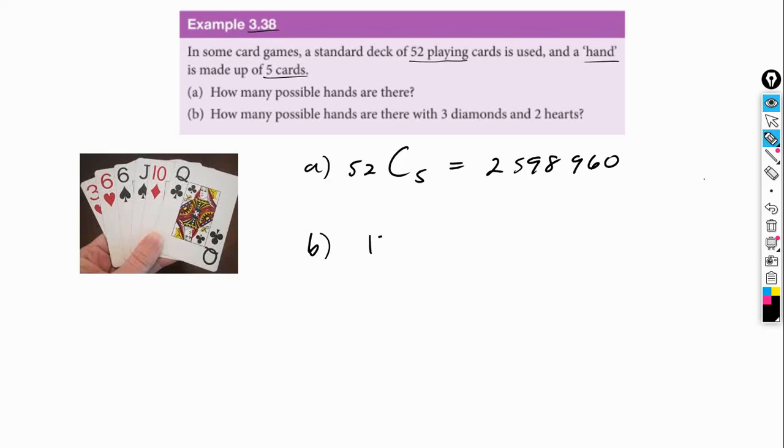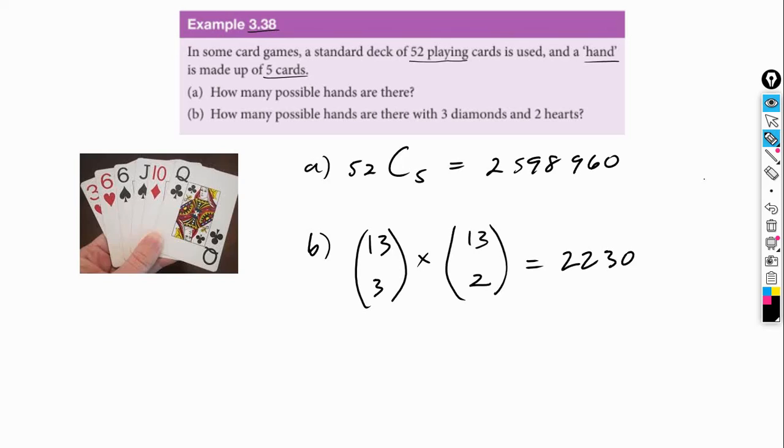So we would say 13 and 3. This is one possible combination. And then we would have to multiply this by the other possible combination, which is out of 13, we pick 2. And then all we have to do is plug this into the calculator, and it's going to give us 22,308 different possible hands.